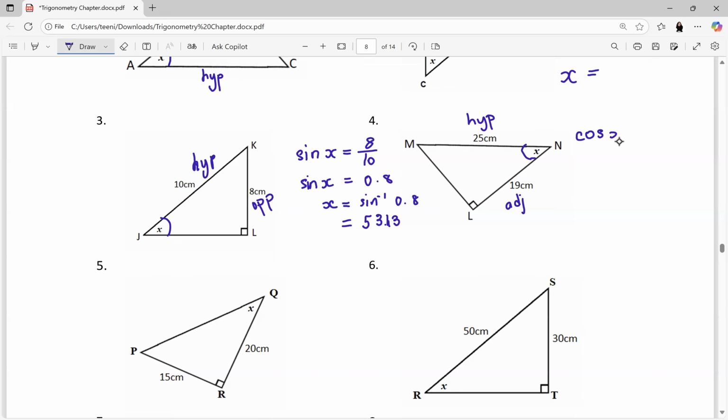So cos of angle X is equal to the adjacent over the hypotenuse. What's my next line saying? It'll be cos of X is equal to what? 19 over 25. Perfect. So therefore, X would be the cos inverse of 19 over 25, which is what? 40.53.